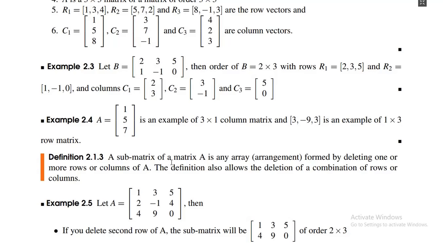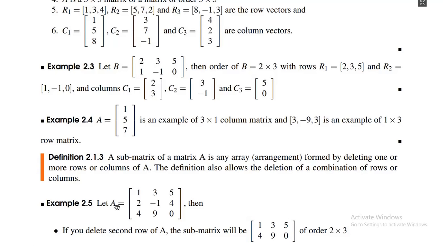What is a submatrix? A submatrix of a matrix is any array or arrangement formed by deleting one or more rows or columns of A. The definition also allows the deletion of a combination of rows and columns.